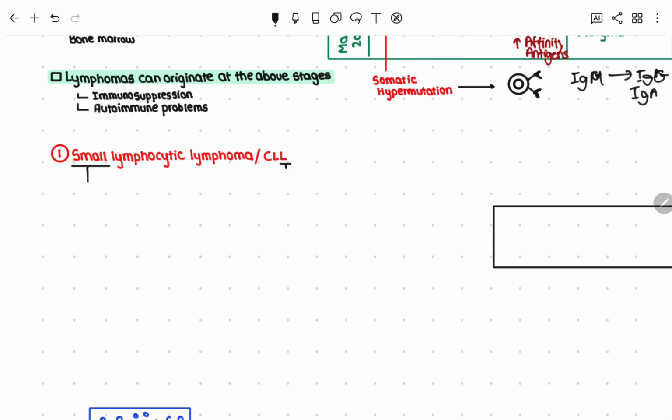And so small lymphocytic lymphoma, our focus here being on small lymphocytes, basically gives away that these are relatively less aggressive, less transformed, and less malignant.